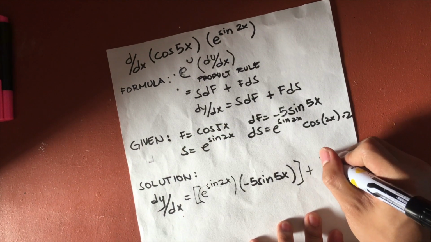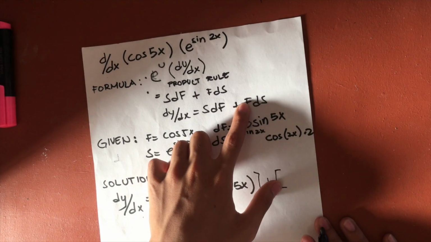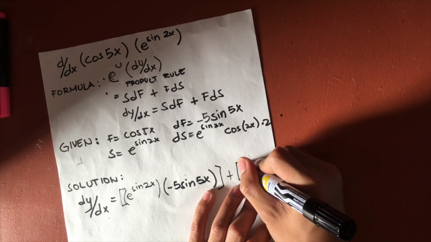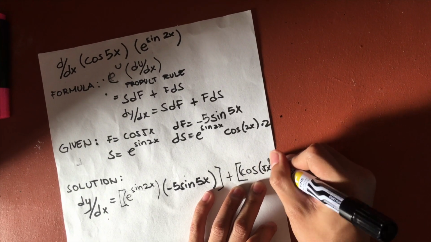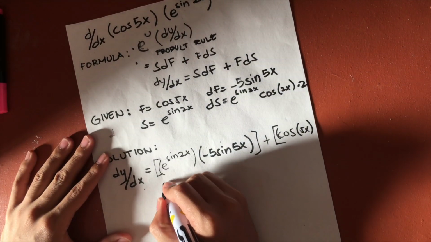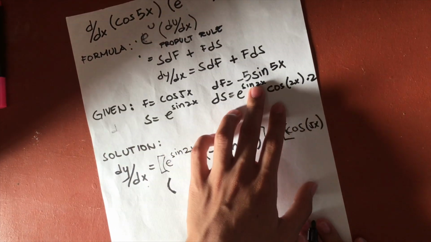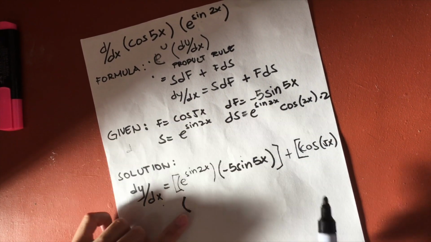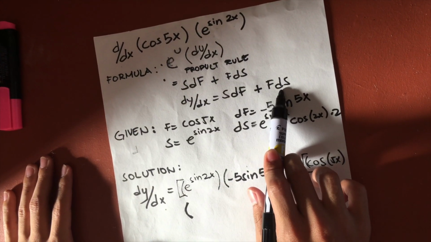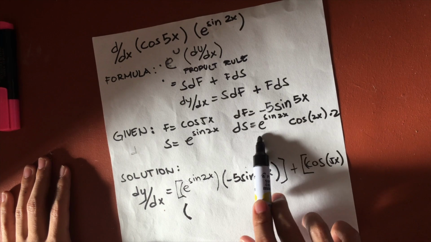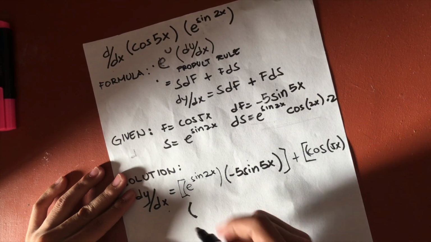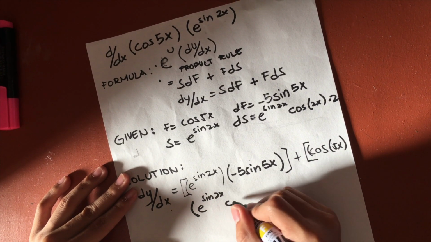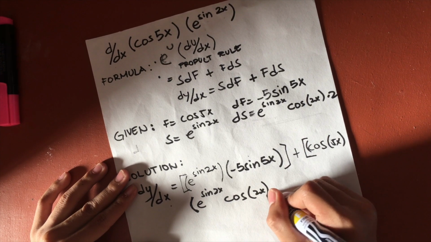Now just add plus the first, which is cos 5x, in a quantity, times the second derivative, which is e to the sine of 2x cos quantity 2x times 2.